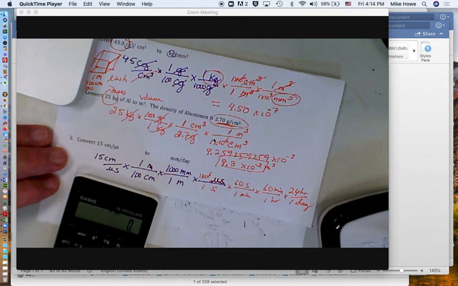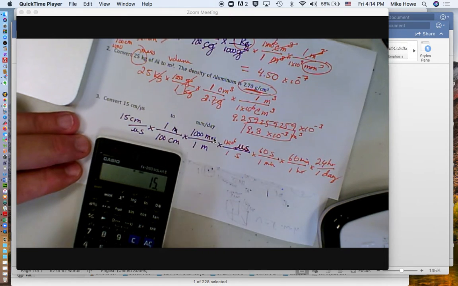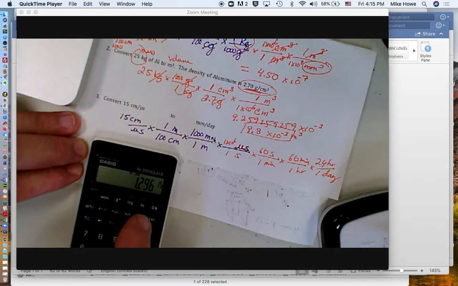To do the math, multiply across the top. So we're going to have 15 times 1,000 times 1,000,000, 1 e 6, times 60 times 60 times 24. And that's the top. We divide that by everything on the bottom, which is just a 100.